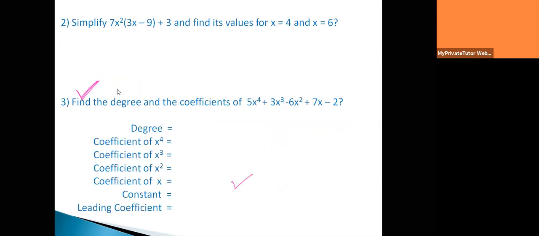Okay, so who wants to try the first one? So anybody can see the answer. So 7x square times 3x minus 9 plus 3.